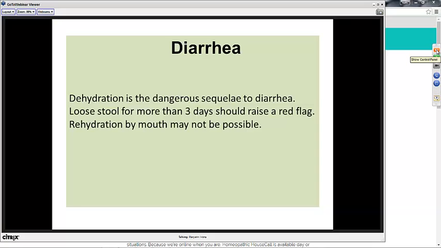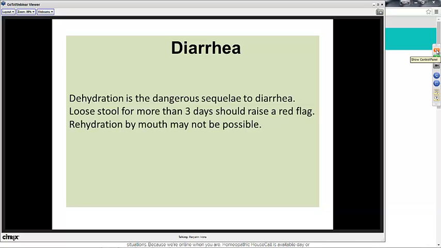And what happens is your intestinal tract is not reabsorbing fluids as it should, so that your stool is not as concentrated and as formed as it should be. It can be a problem because what you're doing is losing fluid.